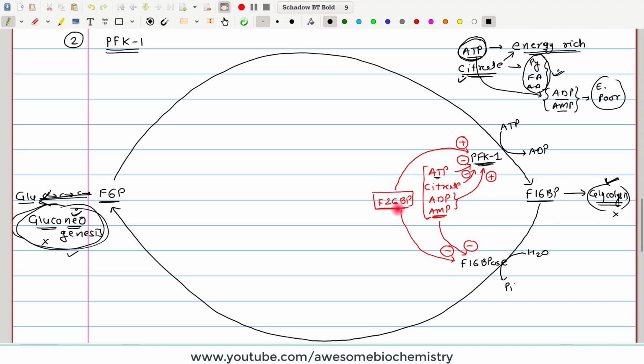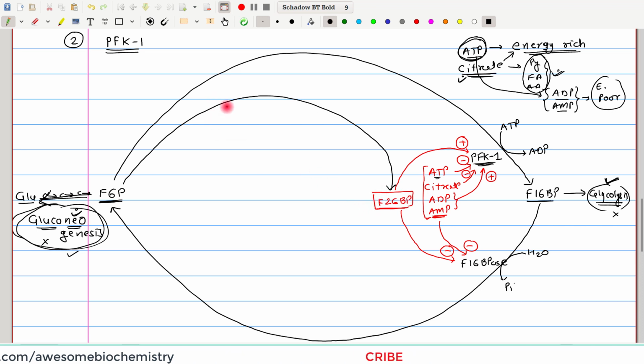Now where does this fructose 2,6-bisphosphate come from? Surprisingly, it is synthesized from fructose 6-phosphate. This fructose 6-phosphate gives rise to fructose 2,6-bisphosphate, and here the enzyme is phosphofructokinase 2.